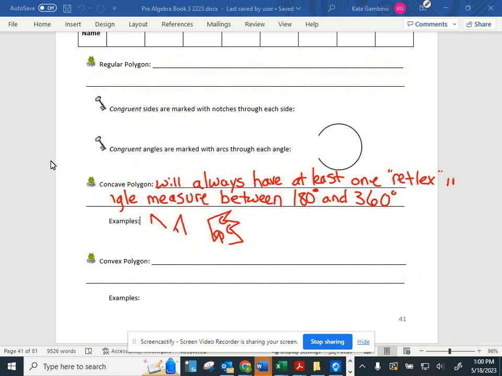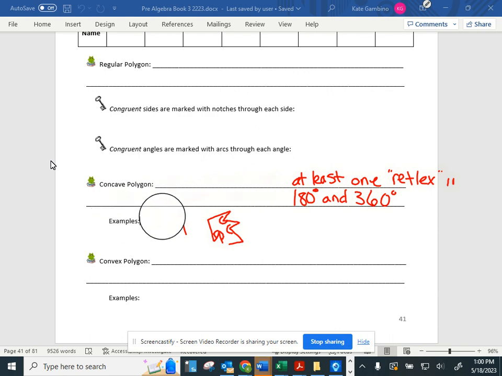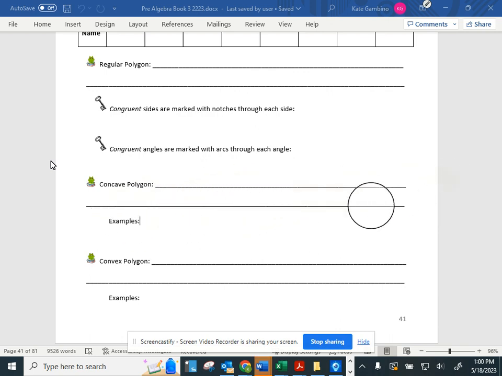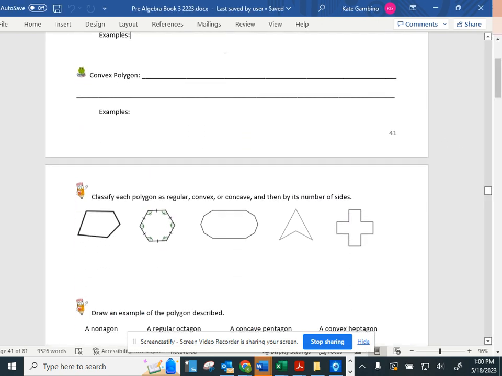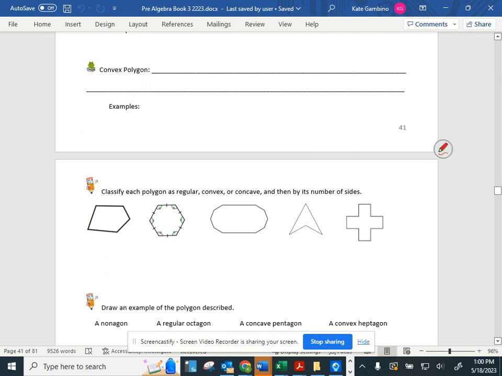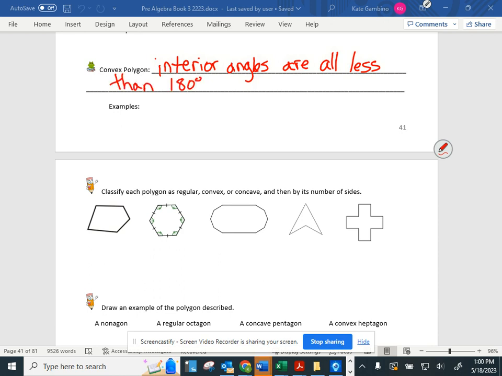All right, convex is the opposite. There are no cave-ins. So a convex polygon, the interior angles are all less than 180 degrees.